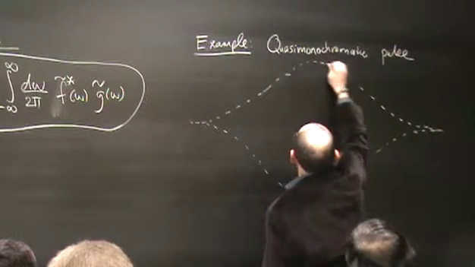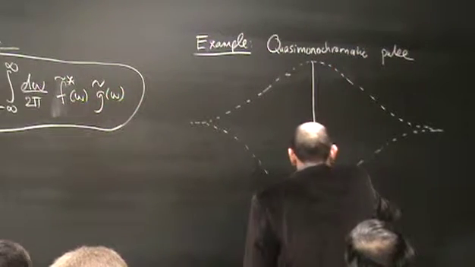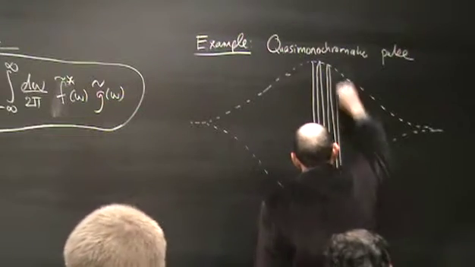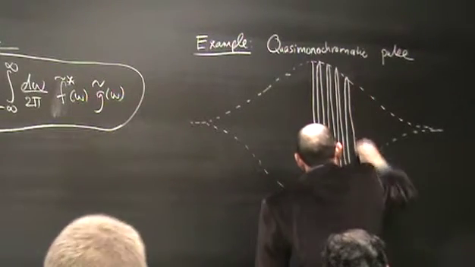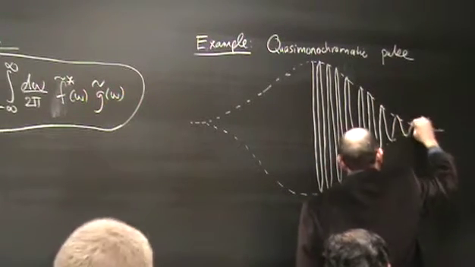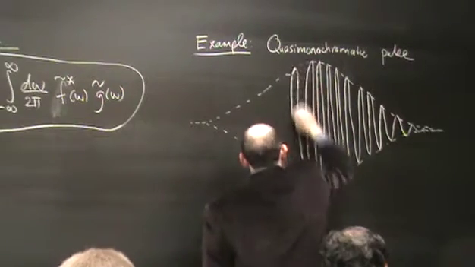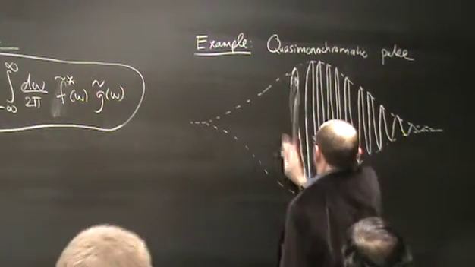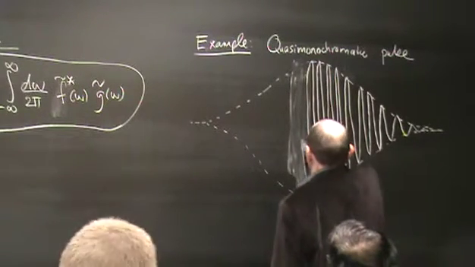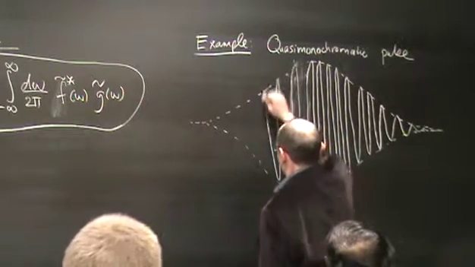It's supposed to be a Gaussian. And then we have this oscillating field, supposed to be the same frequency.